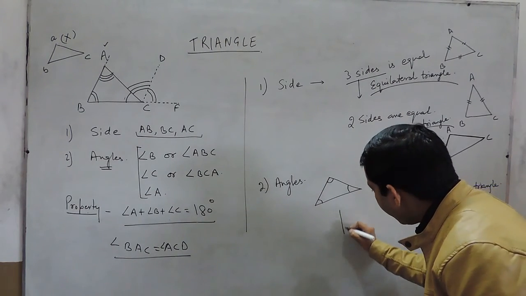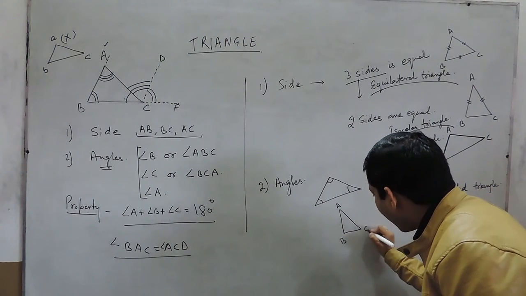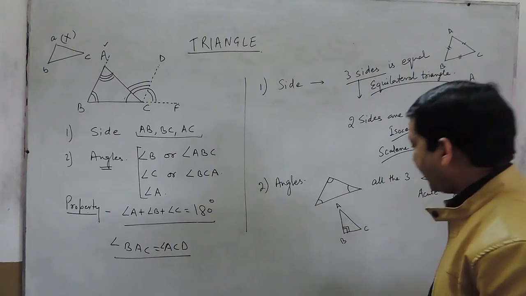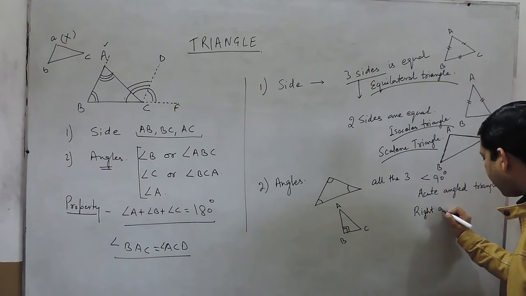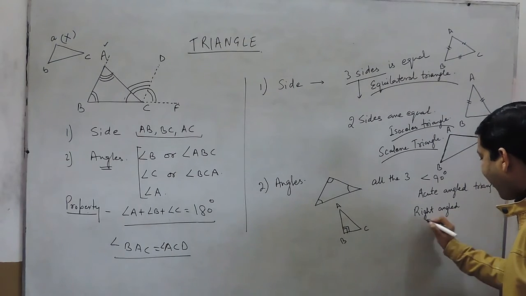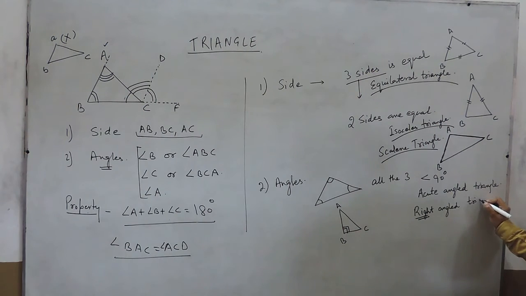When we construct a triangle where one of the angles is 90 degrees, then it is known as a right angled triangle. The meaning of right angle is actually 90 degrees, so we say a right angled triangle.